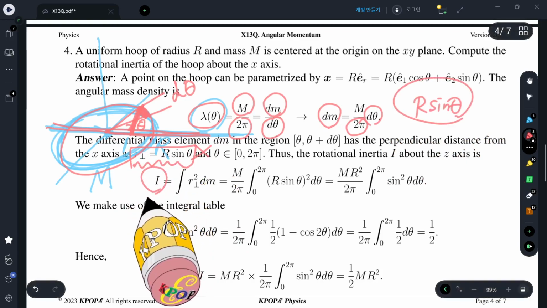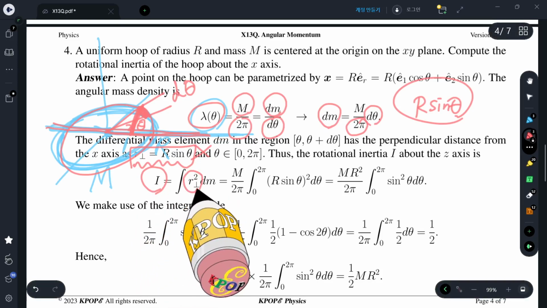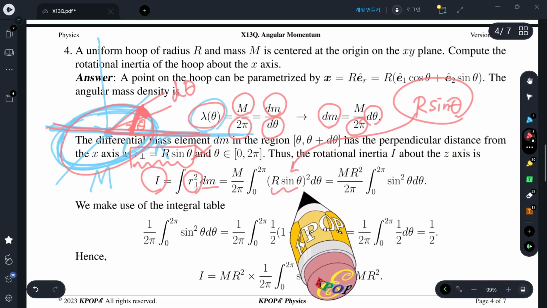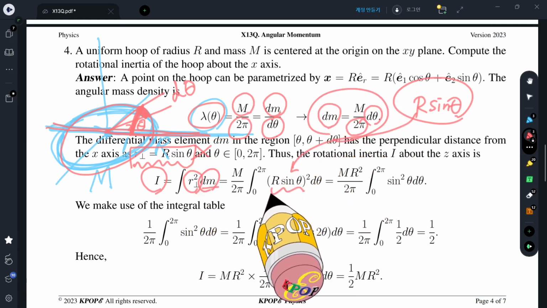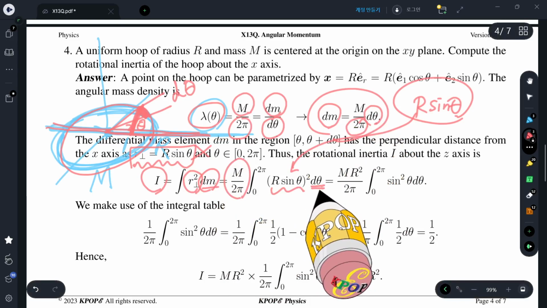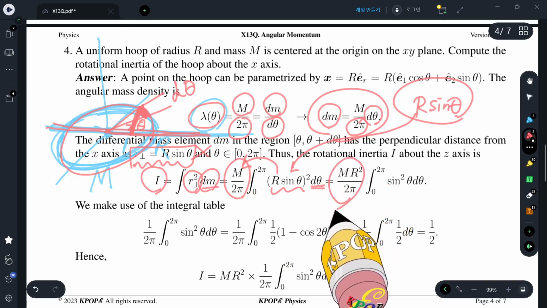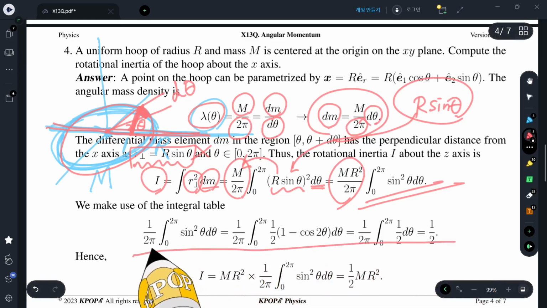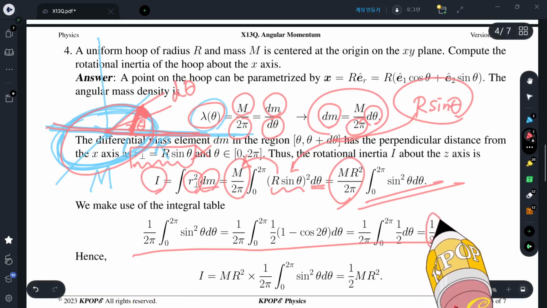We return to the definition of the moment of inertia, lever arm squared multiplied by mass. The lever arm squared is substituted in here, and this small mass is substituted. The factor capital M over 2 pi appears here. We need to evaluate the integral. The constant r squared is factored out, and then we need to evaluate this. I believe everybody can evaluate this integral without difficulty. It is 1/2.